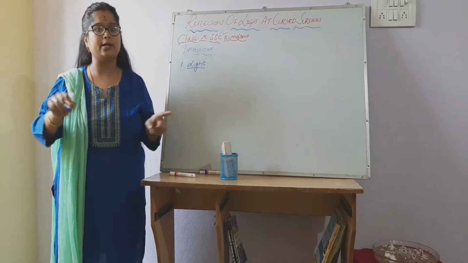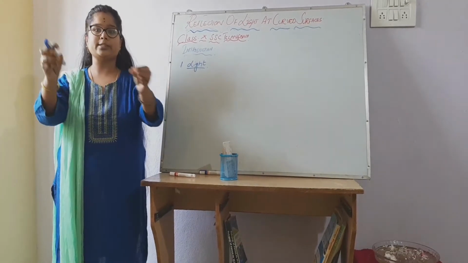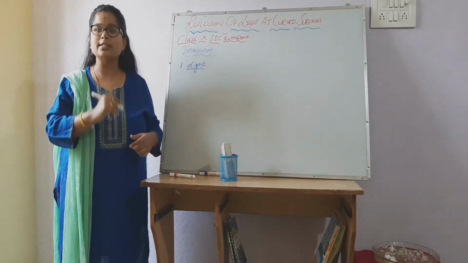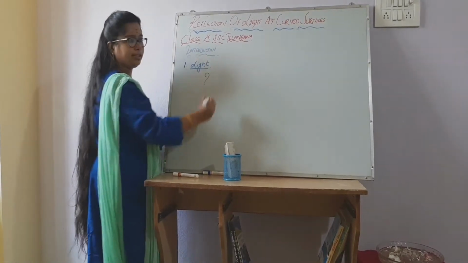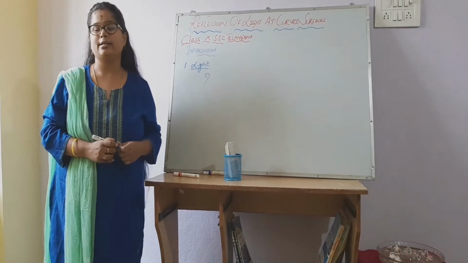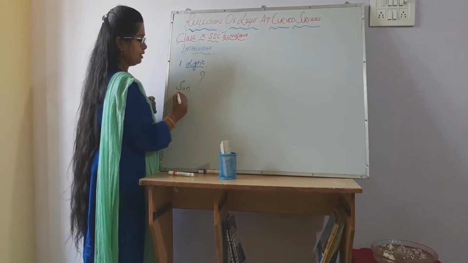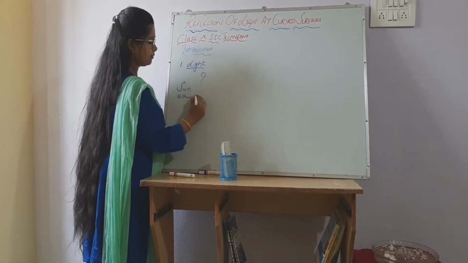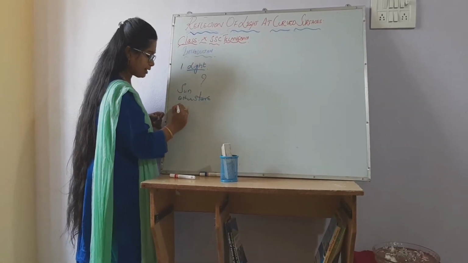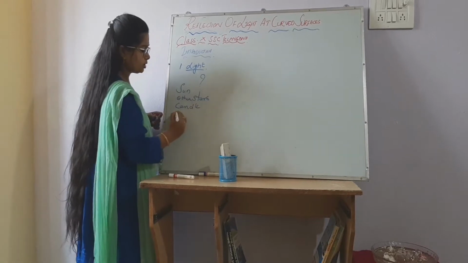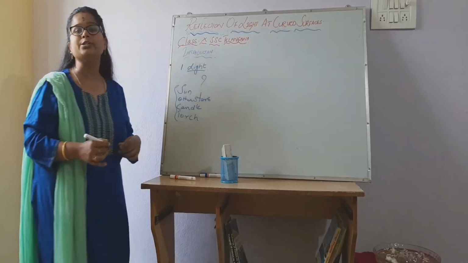Suppose you are in a dark room with no light. There are many objects placed here and there in the room, but still you can't see them. Why? Because you have no light. But some objects like the sun, other stars, a candle, a torch, all give light to us.